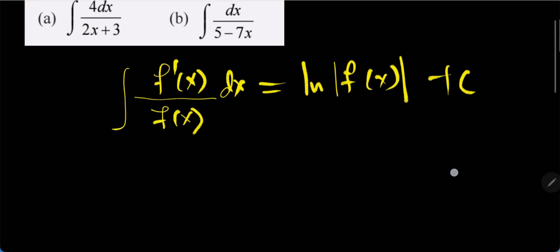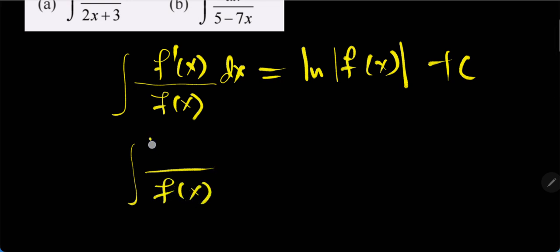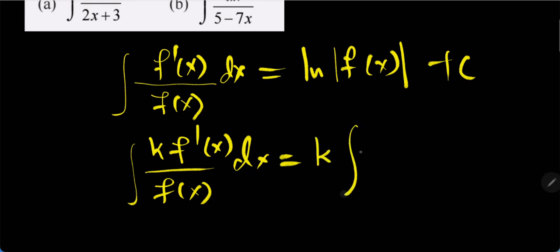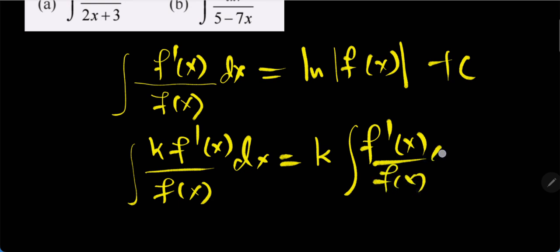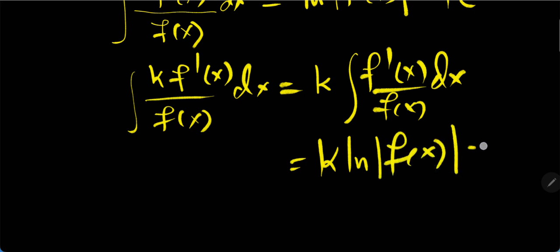Sometimes it may not be direct. You may have a function in the denominator, and then a constant times the derivative of the denominator. But it's simple. Once you see there is a constant times, with the properties you can factor out the constant, and you remain with your derivative and your function, then you finalize by saying the answer is natural log of x.